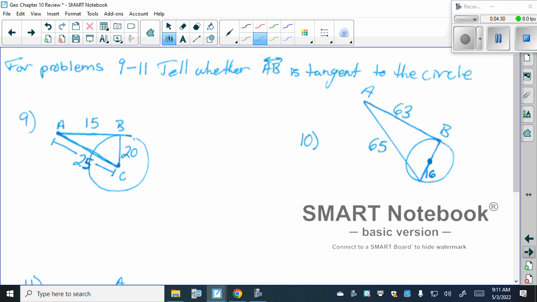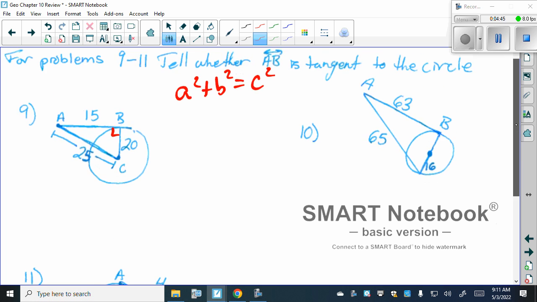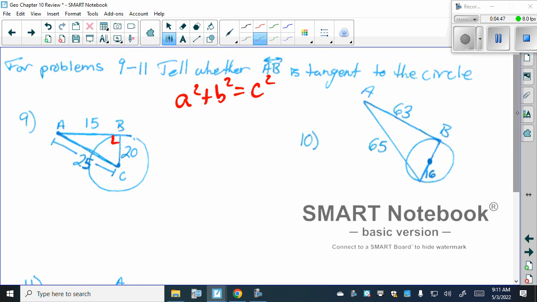Tell whether AB is tangent. If it is, it means it's going to make a right triangle, so A squared plus B squared is equal to C squared. Which one do we want to look at? 9, 10, 11, or 12? 9, 10, or 11. And then, so you're going to say that 9's a Pythagorean triple?